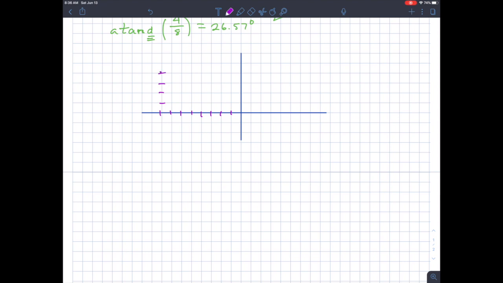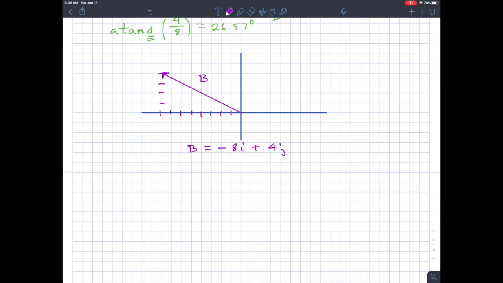So this is going to be my vector B. I could write that as B is -8i plus 4j. I think that makes sense.